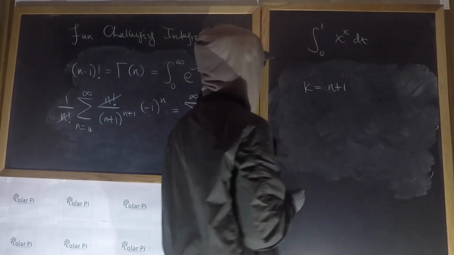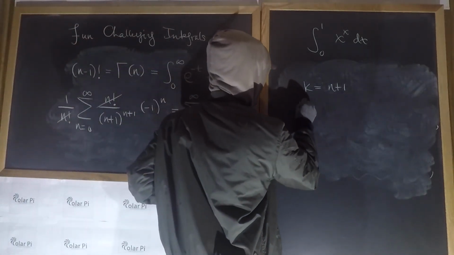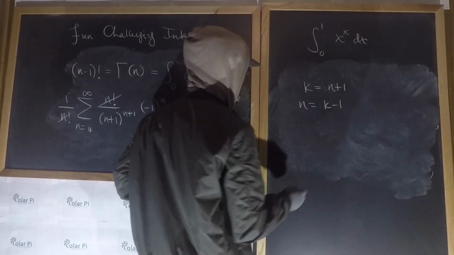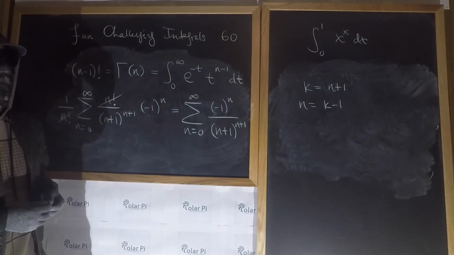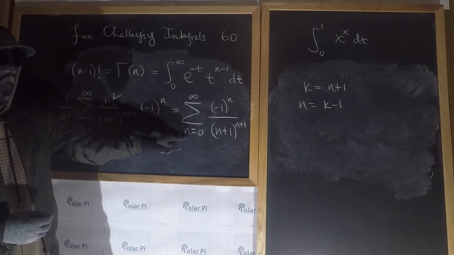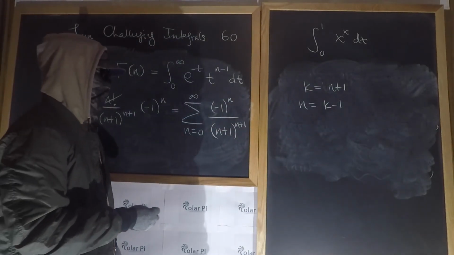Then that way, if k is equal to n plus 1, notice that n is equal to k minus 1, right? And so then this sigma here, when n is equal to 0, k is going to be 0 plus 1. And so k is going to equal 1.